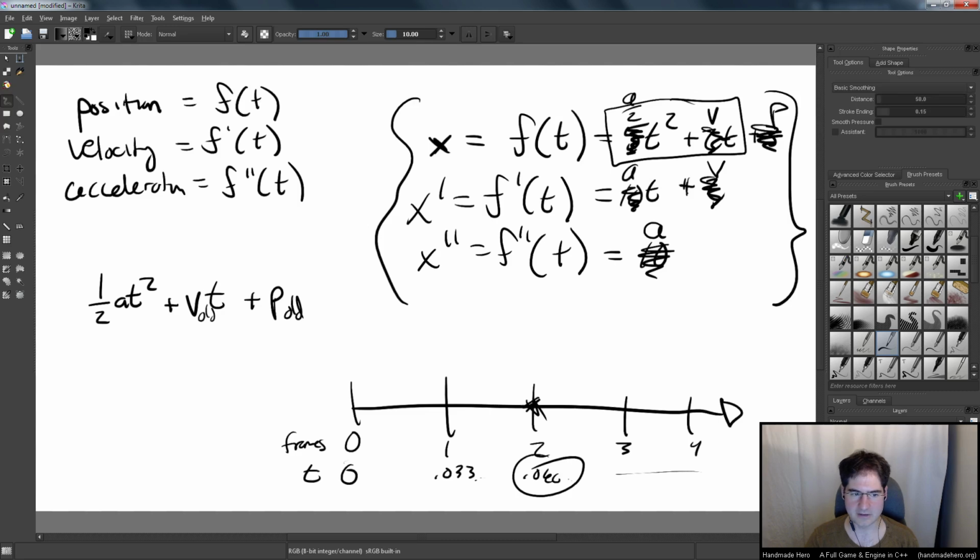And this is our new position. A lot of times we do p prime for that, so you don't have to keep writing old. You just assume that these were the old ones. P prime is the new position, so we just have p prime equals 1/2 a t squared plus vt plus p. And if I want to know p double prime, or basically the new velocity, v prime, then that's just this equation. That's at plus v.